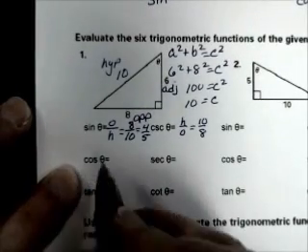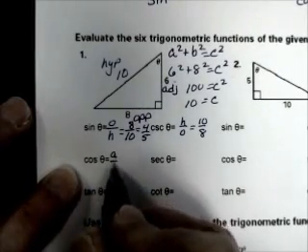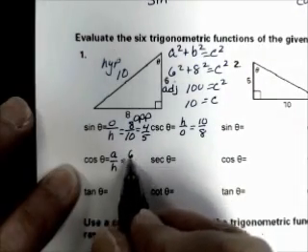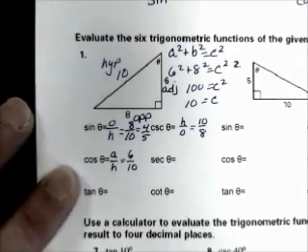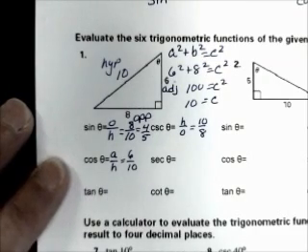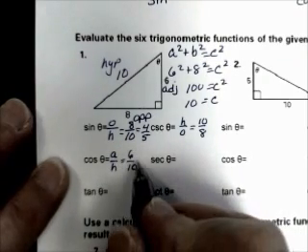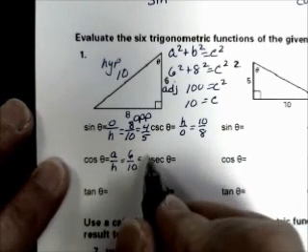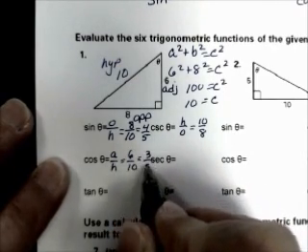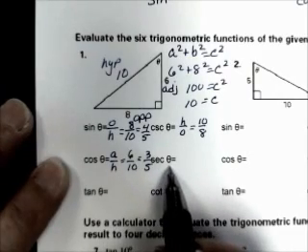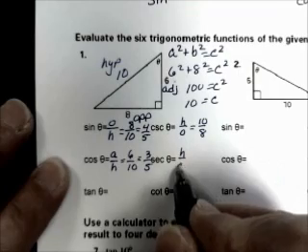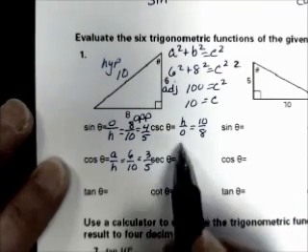Cosine remembers adjacent over hypotenuse. Adjacent is the 6 over hypotenuse 10. Don't have much room here, so I'm not going to reduce each ratio. Secant would simply be the reciprocal of cosine, so it is hypotenuse over adjacent. Do I have to write this?